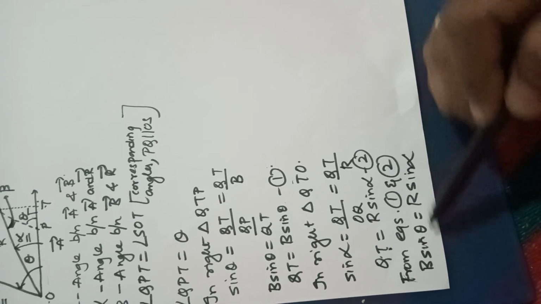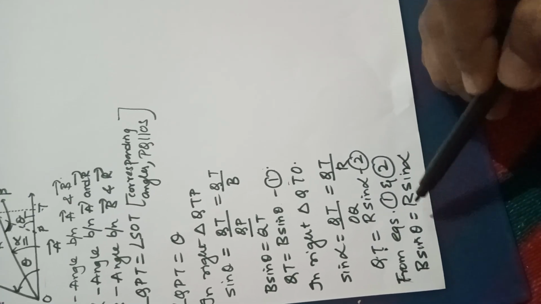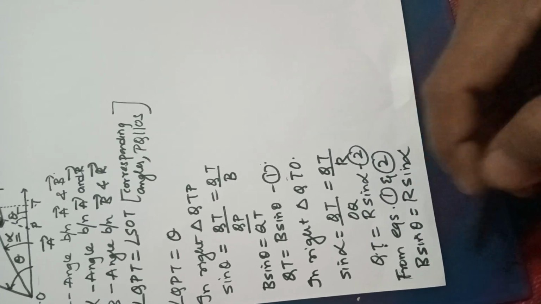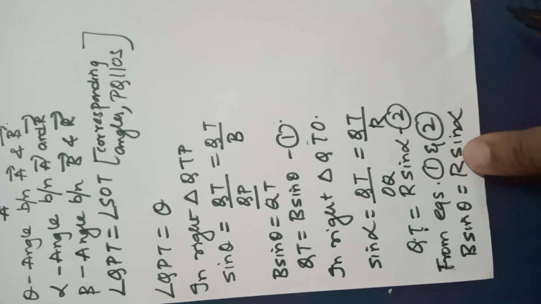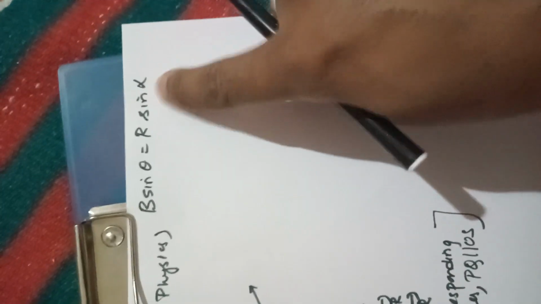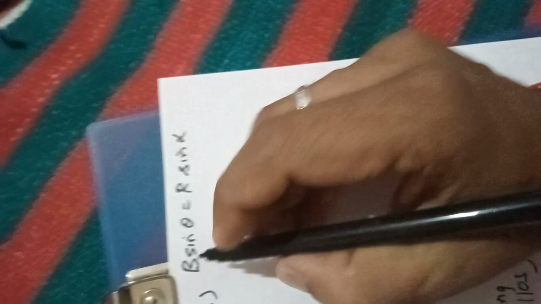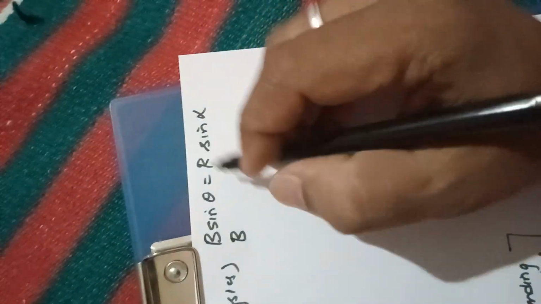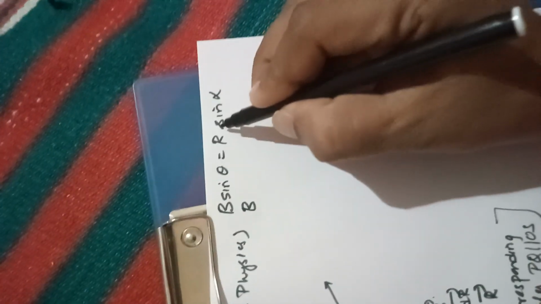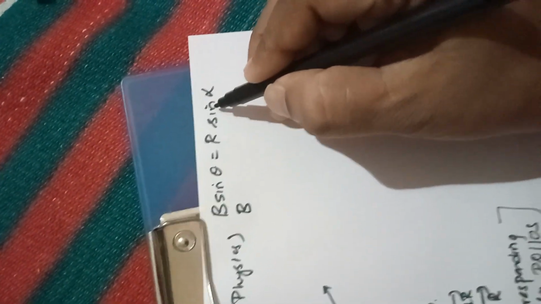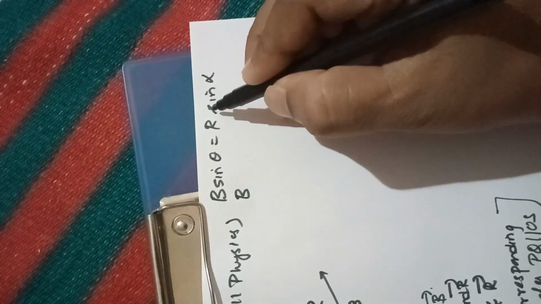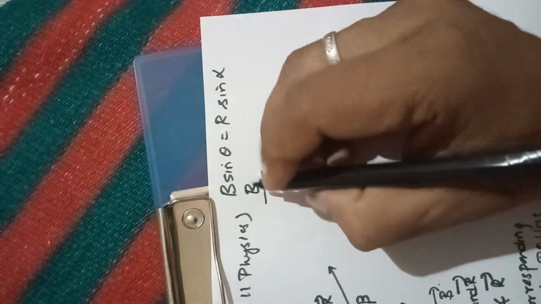Now let us write this equation in ratio form or proportion form. I'll rewrite this: B sine theta is equal to R sine alpha. I'll retain B here, and sine alpha is multiplied to R, so if I bring it to the LHS, this multiplication becomes division.